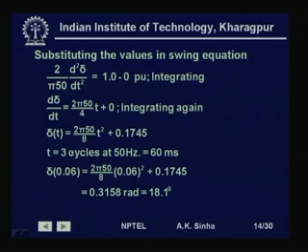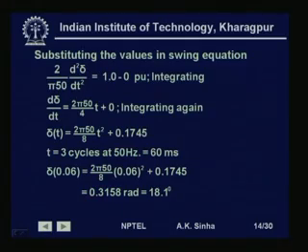Now, we want to find out the delta after 3 cycles. So, t is equal to 3 cycles, and at 50 hertz this comes out to be 60 millisecond, that is 0.06 second. So, substituting for t, delta at 0.06 second is equal to twice pi into 50 by 8 into t square, that is 0.06 square, plus delta 0, which is equal to 0.1745, and when we do this, we get this value as 0.3158 radians, which is equal to 18.1 degrees.